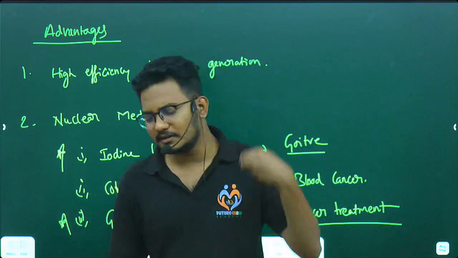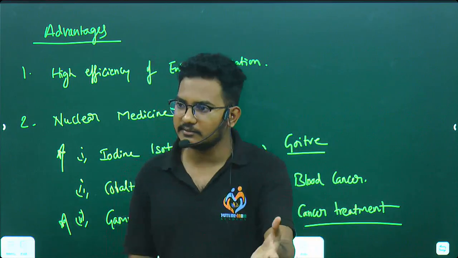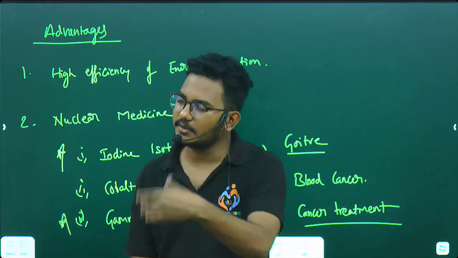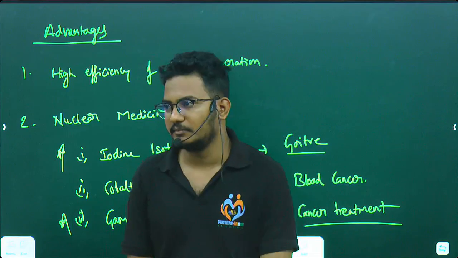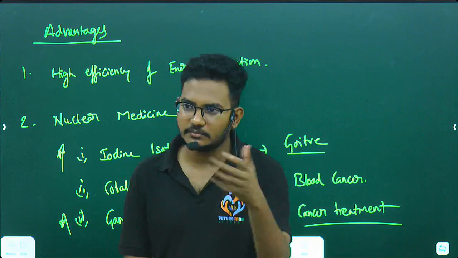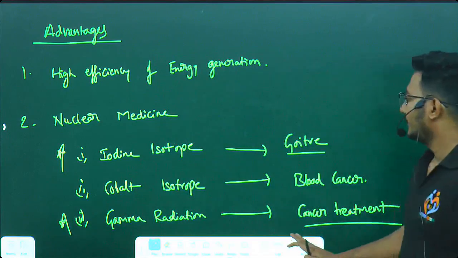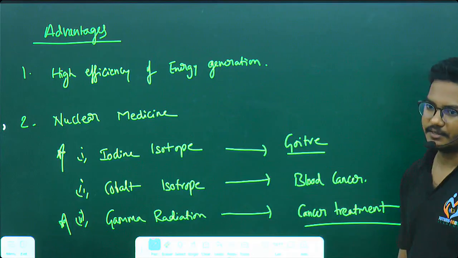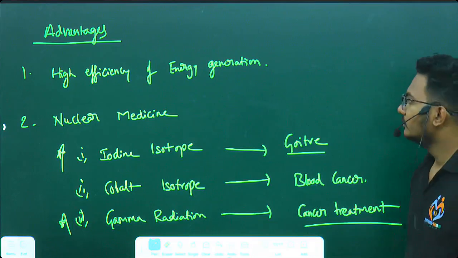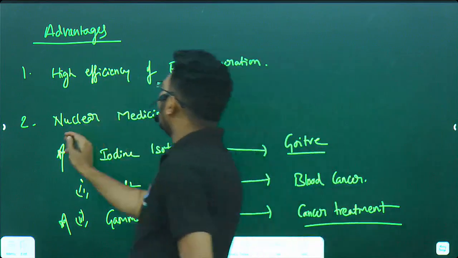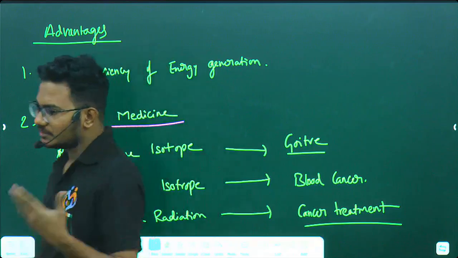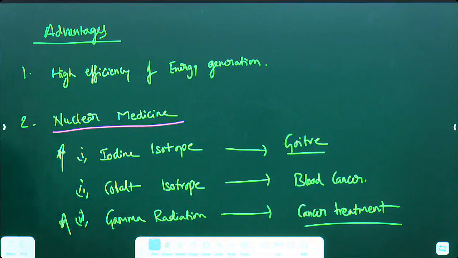That's the reason, even if you survive cancer, your maximum lifespan will be 10 to 15 years maximum. Sometimes 5 years. Okay, so this is gamma radiation. Understood? Clear? So my point here is, this nuclear energy has a nuclear medicinal value as well.